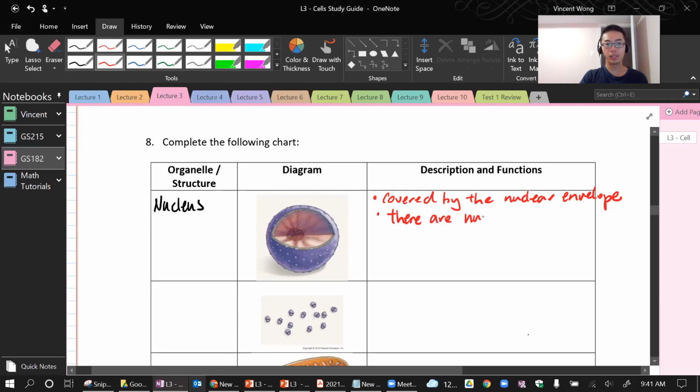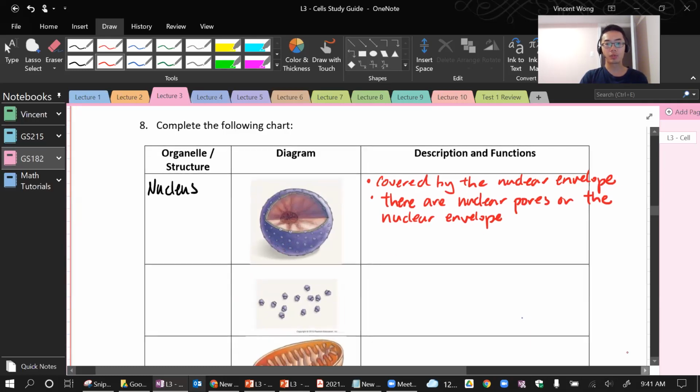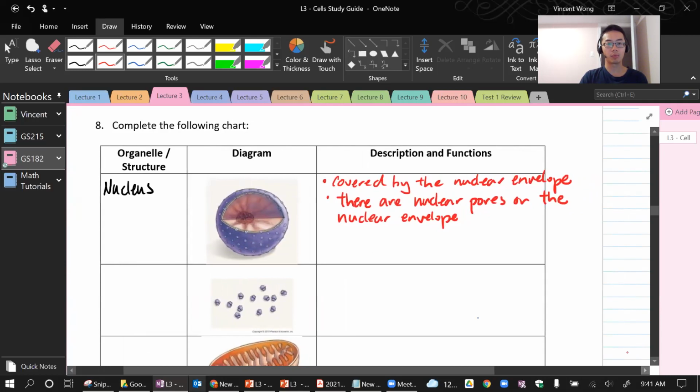There are nuclear pores on the nuclear envelope. All these little bumpy dots that you see are actually pores, little holes for things to go in and out of the nucleus.